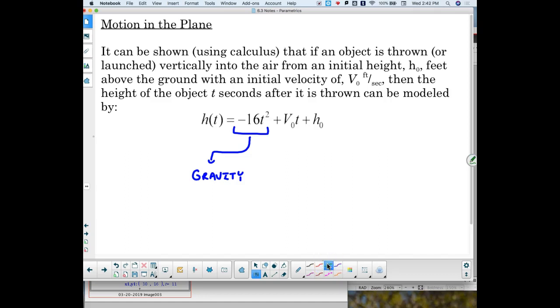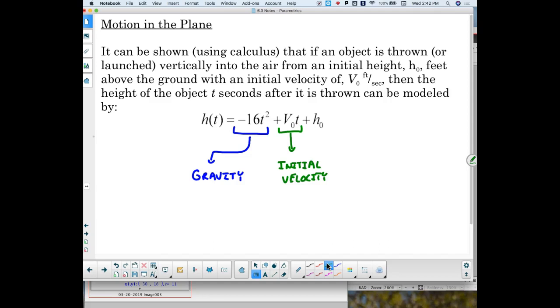The second part here is my initial velocity part. When I launch something vertically, I've got to put some oomph into it. The more oomph I put into it, the higher it's going to go. If I don't put any oomph into it, it's going to stay right there.